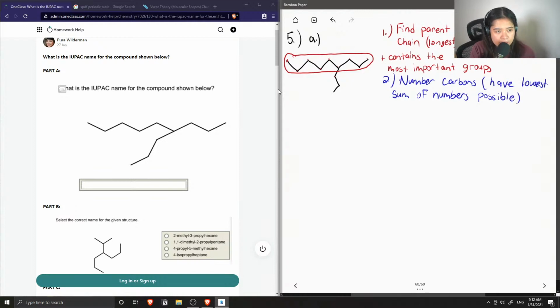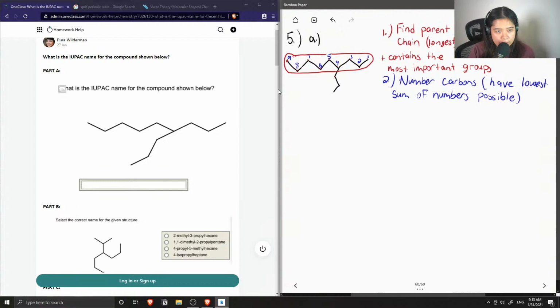So for example, if we started counting from here and made this carbon 1, 2, 3, 4, 5, 6, notice that our side chain would be on carbon 6. But if we started counting from the end, 1, 2, 3, 4, our chain would be on carbon 4 as opposed to 6. So since 4 is the lowest number here, we would name it as carbon 4.